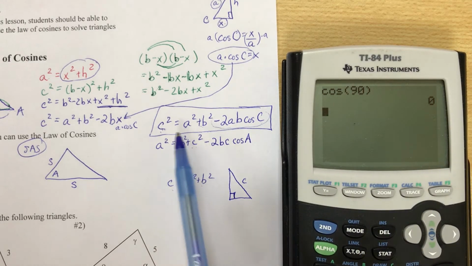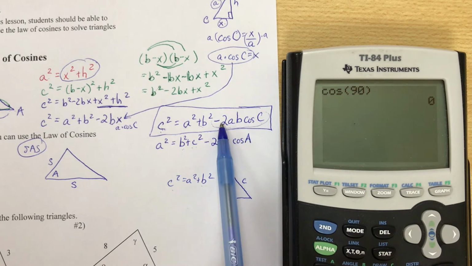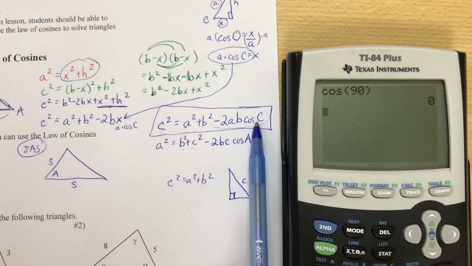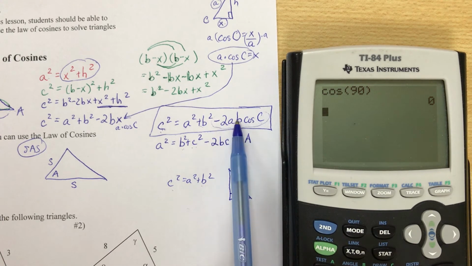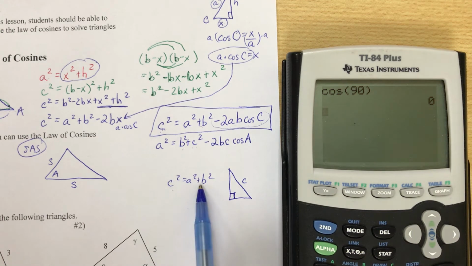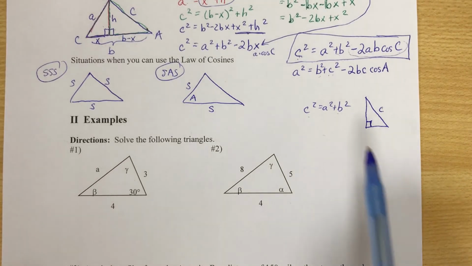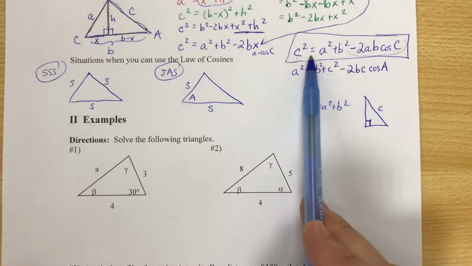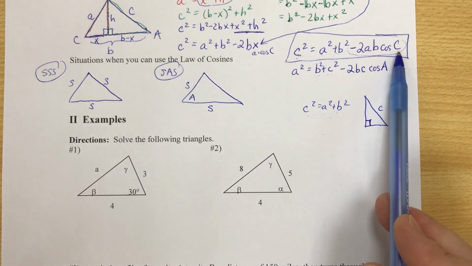If I use this equation and this value is 0, then 2 times this times this times 0 is 0, so it wipes out, and what you're left with is c squared equals a squared plus b squared. That's your Pythagorean theorem. So the Pythagorean theorem is actually a special case of the law of cosines, when you're using an angle measure of 90 degrees.